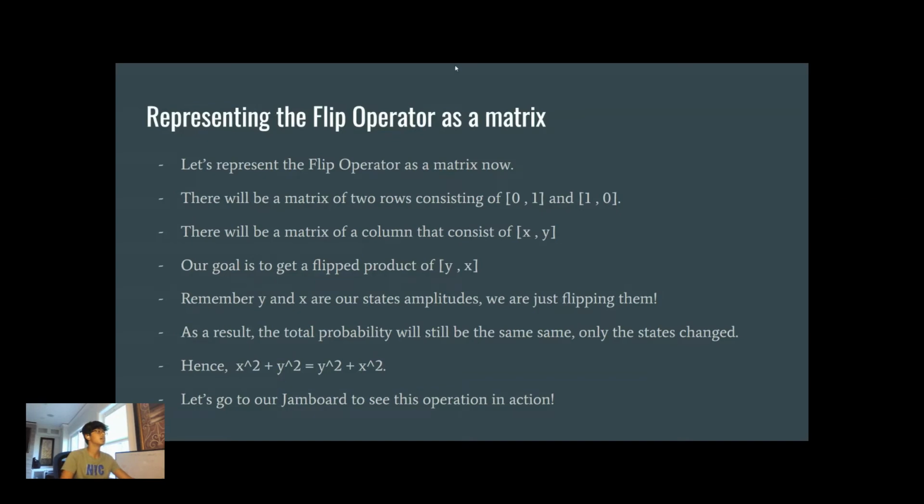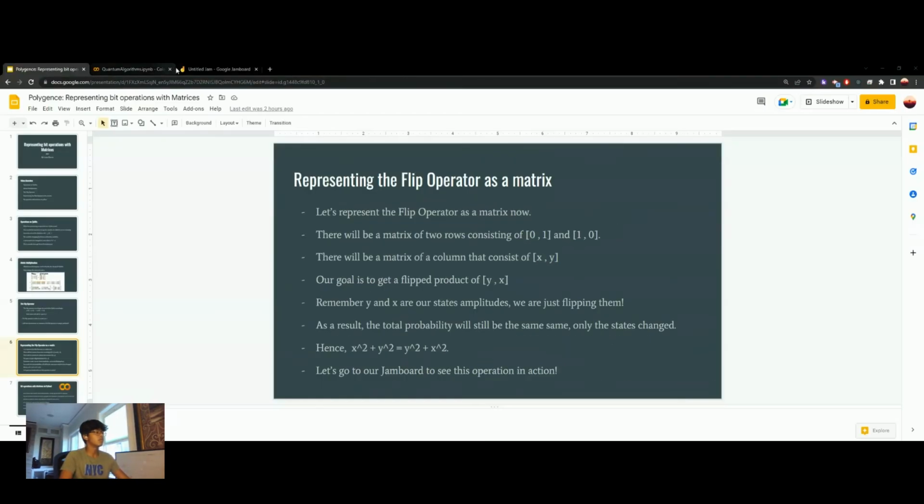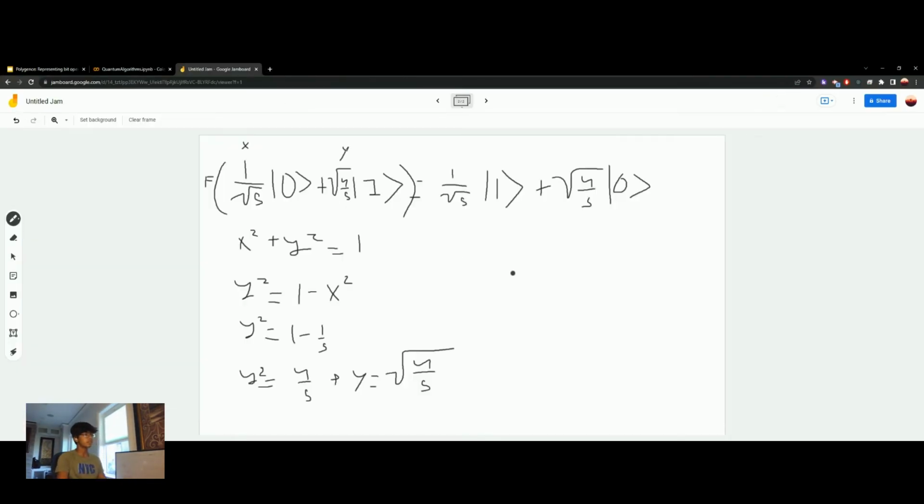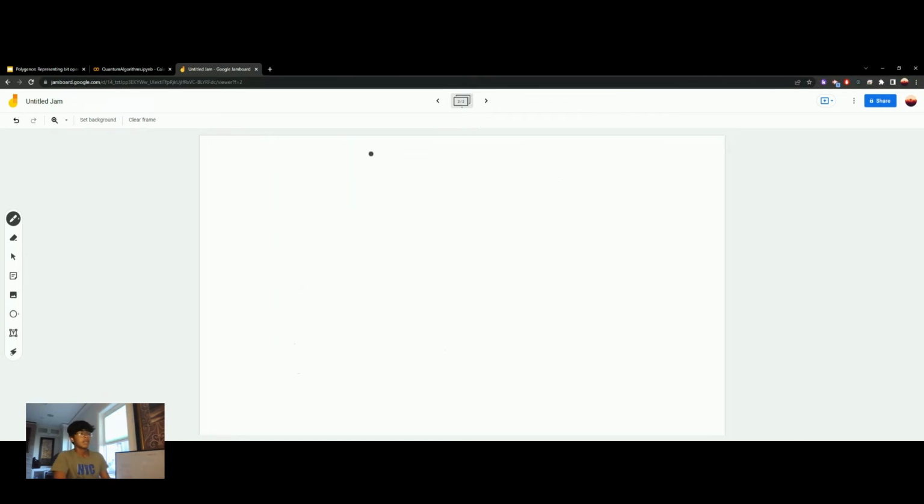So why don't we go to our lovely old Jamboard over here, right? Okay, so we have our matrix here, and this here is a matrix representation of our flip operator. Flip operator.